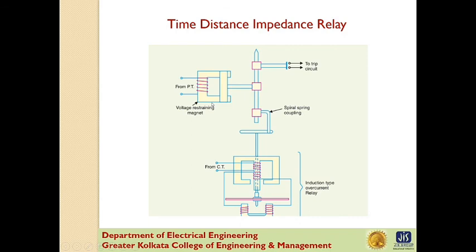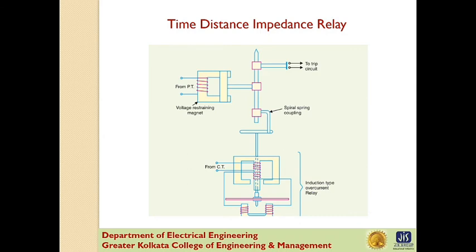Immediately this occurs, the spindle carrying the armature and bridging piece moves rapidly in response to the tension of the spring and the trip contacts are closed. This opens the circuit breaker to isolate the faulty section. The speed of rotation of the disc is approximately proportional to the operating current, neglecting the effect of control spring.